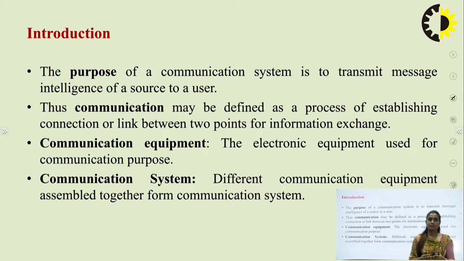This communication may be defined as a process of establishing a connection or link between 2 points for information exchange. Now, if we talk about communication equipment, then the electronic equipment used for communication purposes is called communication equipment, and this complete system comprising the electronic equipment, the transmitter, receiver, the signal itself, the whole system is called a communication system.